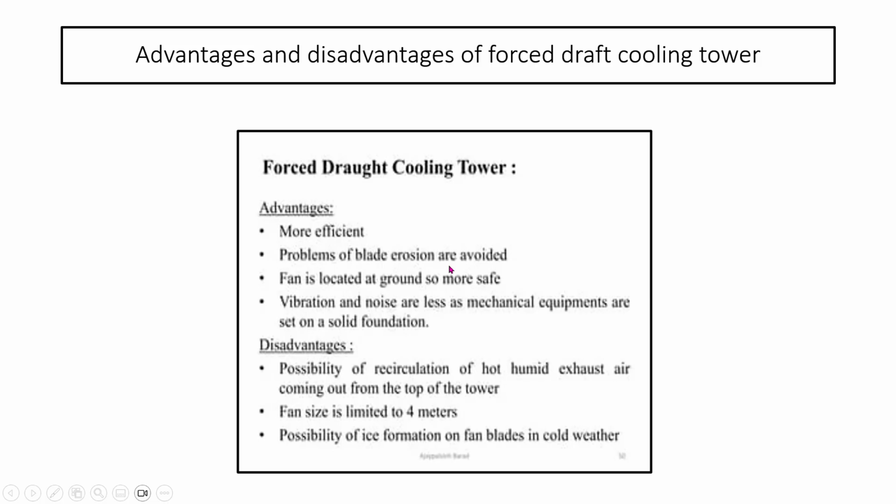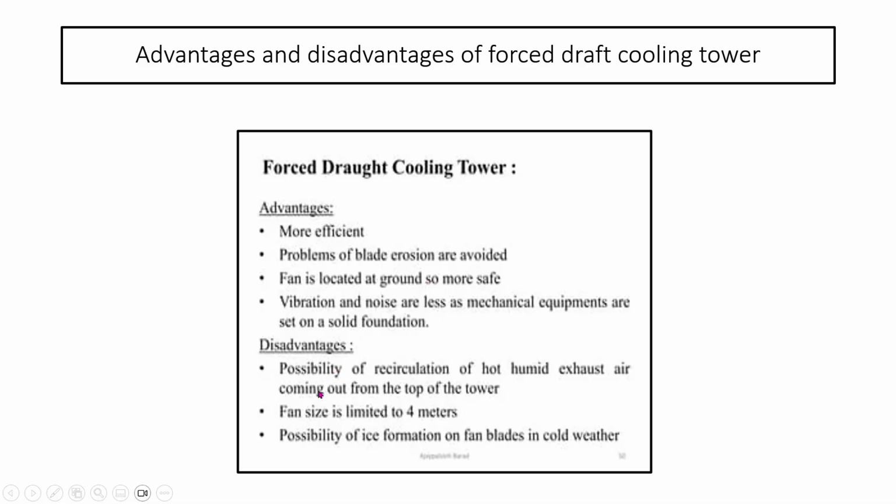Then the fan is located at the ground, so it is safer. Vibration and noise are less, as the mechanical equipment is set on a solid foundation. For the induced fan, there is no concrete, it rests on wooden planks, so vibration and sound will be there.